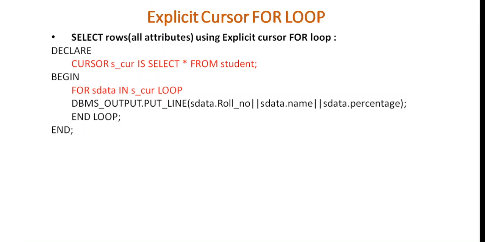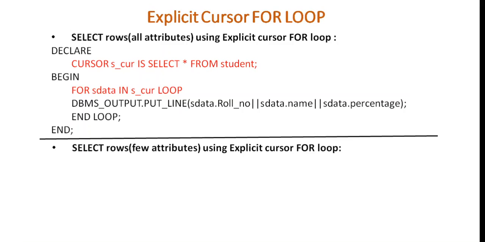When you give the statement for s data in scur loop, it automatically opens the cursor, automatically fetches data from the table, and automatically closes the cursor when you write the end loop command. So your three commands are saved in this case.